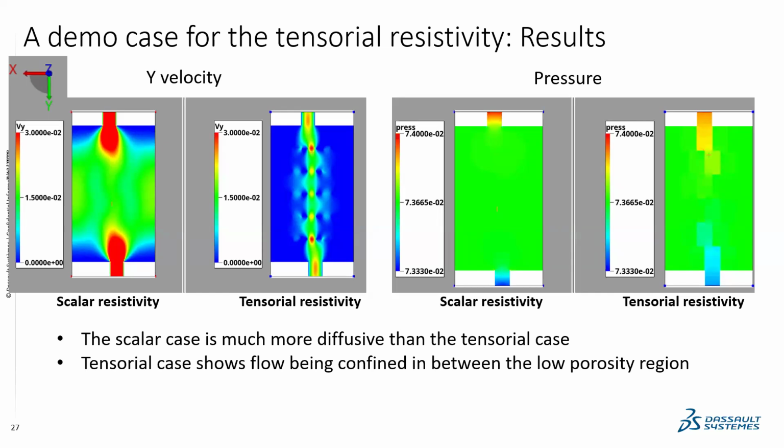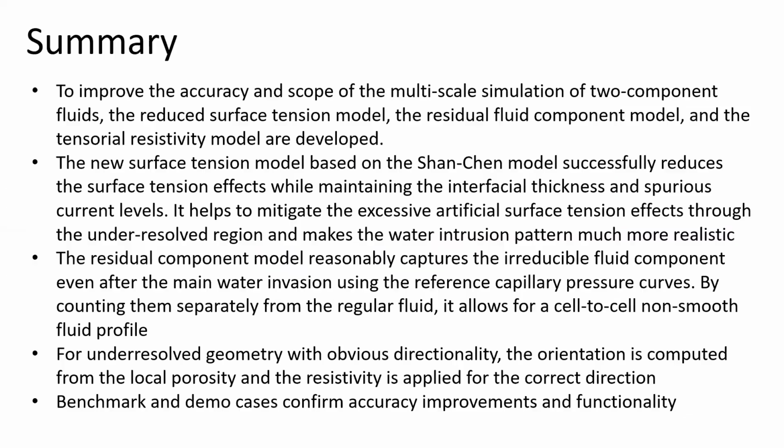On the other hand, with the tensorial resistivity, we have a much more confined velocity profile. That's because the solver automatically detects the proper direction and the resistivity is applied in that direction. So the flow is much more confined. Yeah, so that's it. Thank you so much.